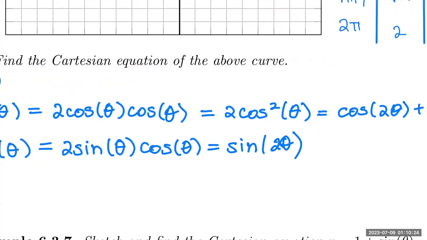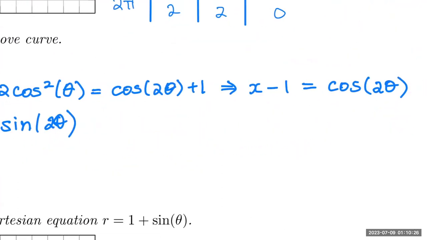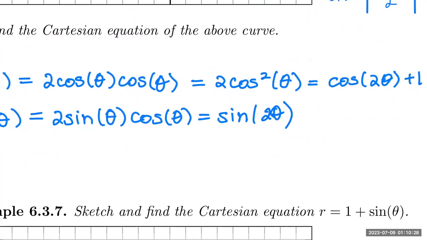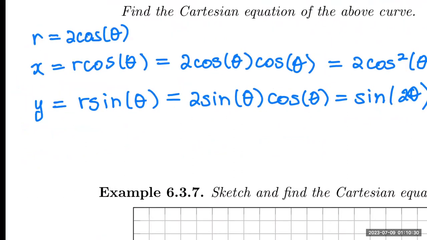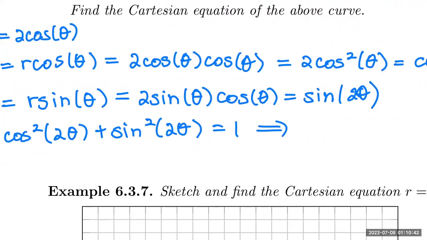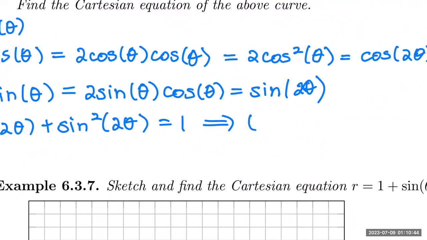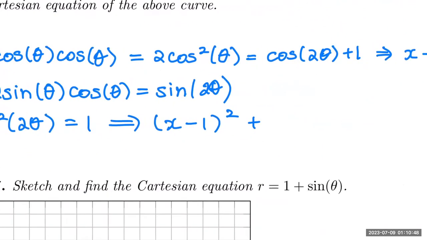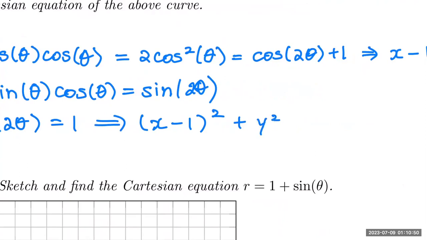So y is equal to sin 2 theta and x minus 1 is cos 2 theta. So if we use the equation of a circle, or Pythagoras' identity, this is going to equal x minus 1 squared plus y squared equals 1.